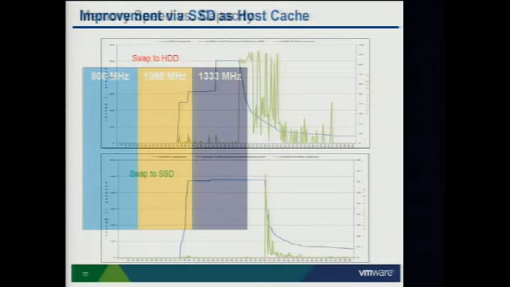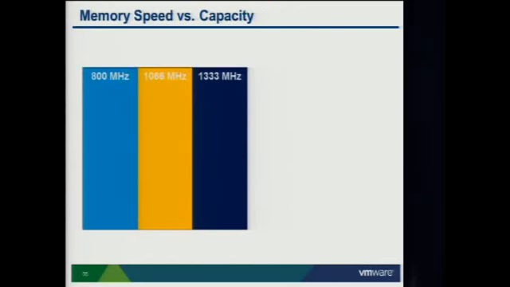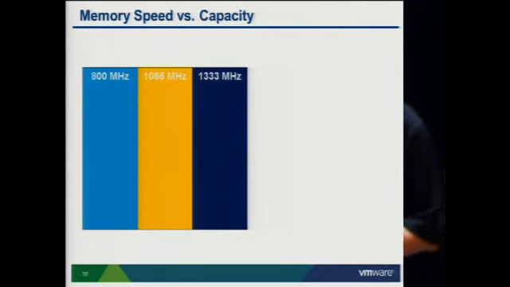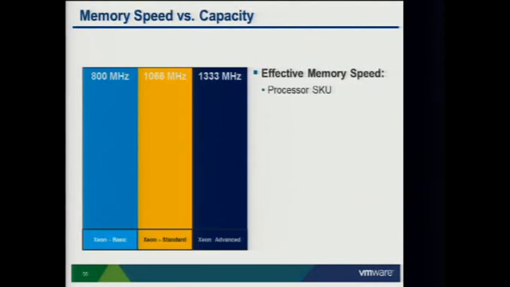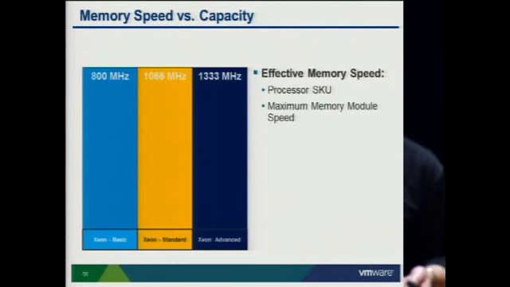Now let's talk about memory sizing and memory configuration. Even though I asked you to buy more memory, you had better know that memory can run at 3 speeds. The actual speed your memory runs at in your environment depends on, first, the processor you're running on; second, the module speed of the module that you buy.